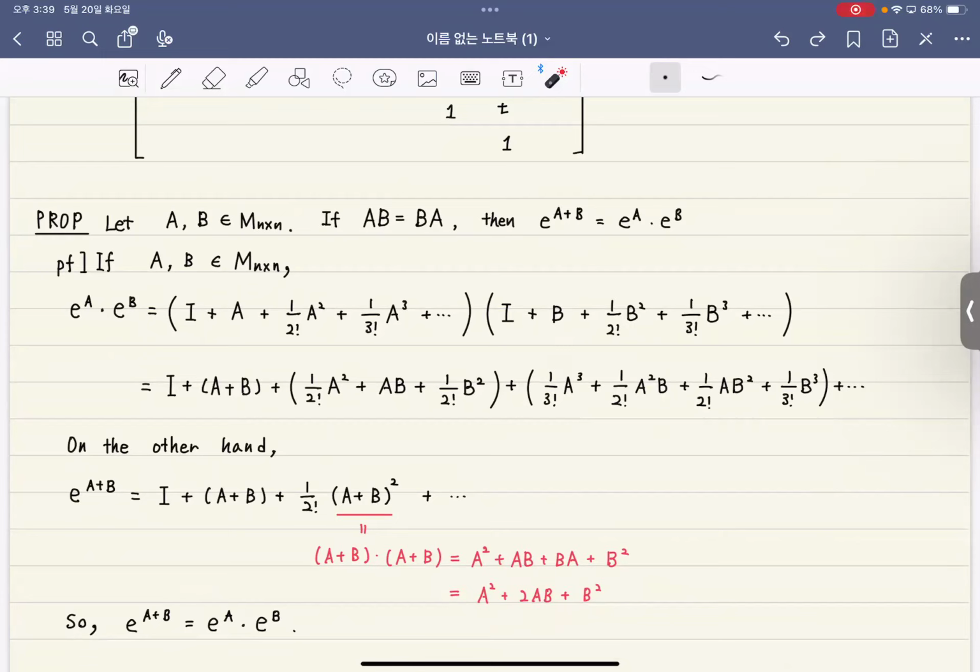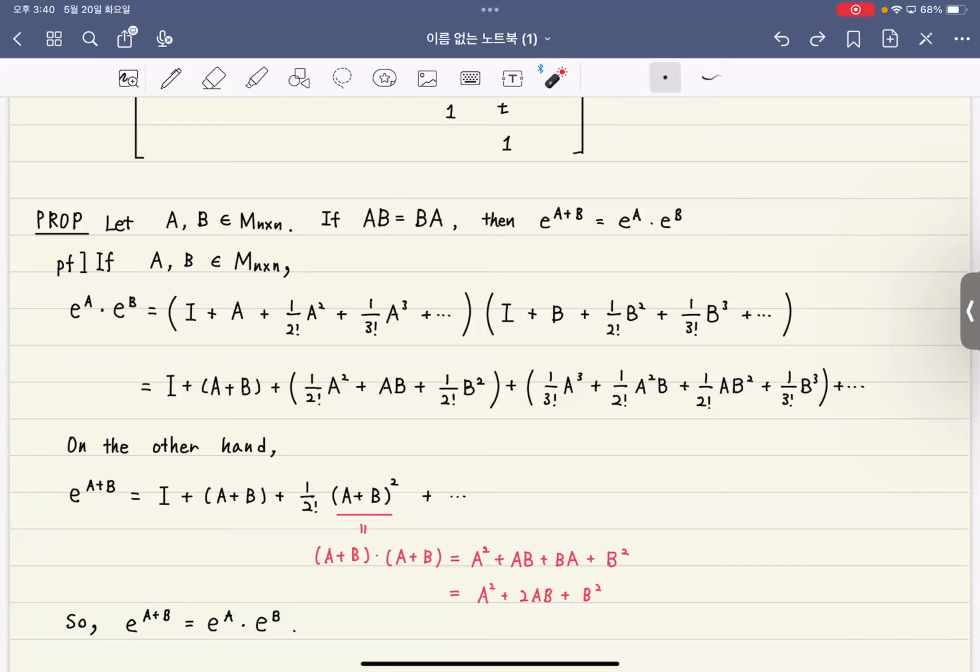Now I want to prove something, probably the most important proposition in today's lecture. So suppose that A and B are square matrices of the same size, and we are assuming that A times B is B times A. In other words, A and B commute under matrix multiplication.